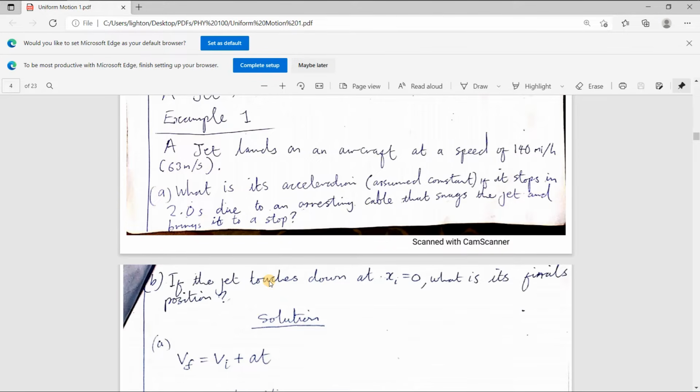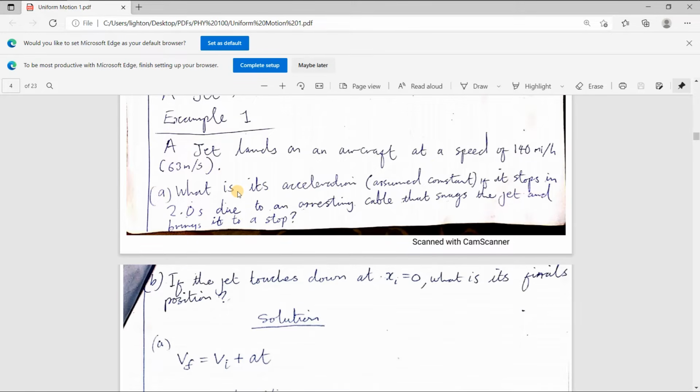That's part A. Let's look at part B. If the jet touches down at x subscript i equals 0, what is its final position? Alright, so let's start with A. What is its acceleration if it stops in 2.0 seconds due to an arresting cable?